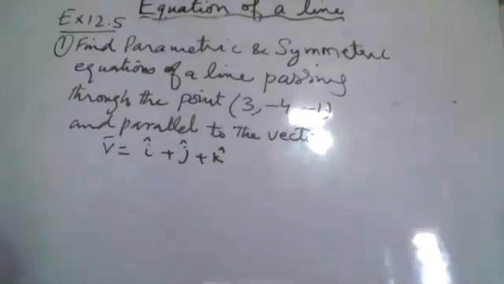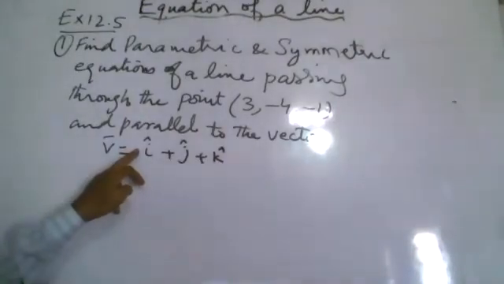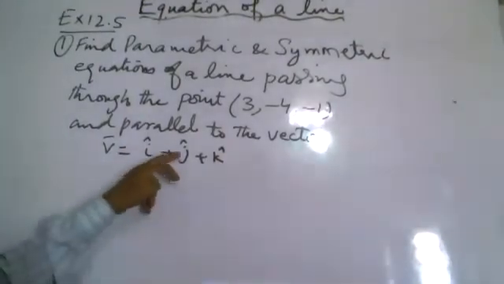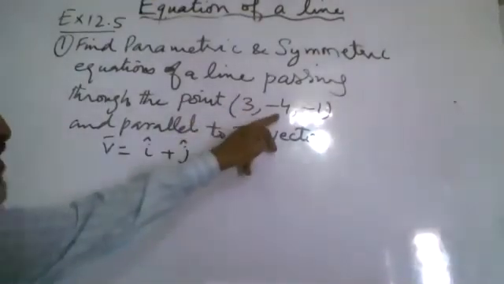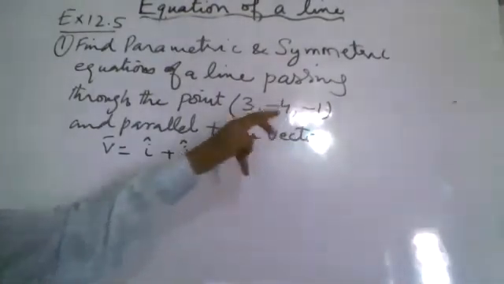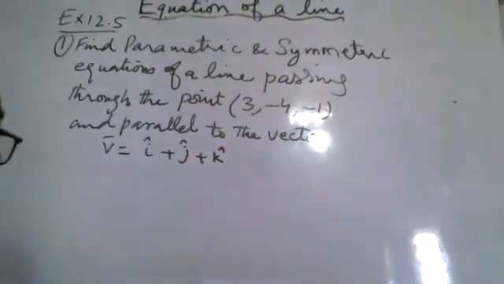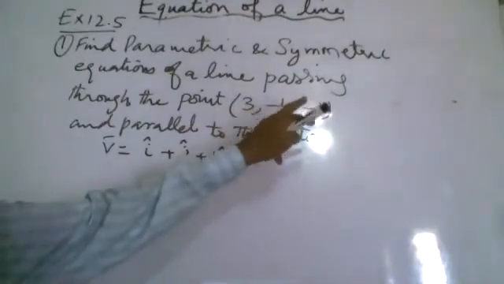Okay, this is the way. Here the coefficient of i is 1, so A is 1. B is also 1. C is also 1. And this is x1, this is y1, this is z1: 3, -4, and -1.